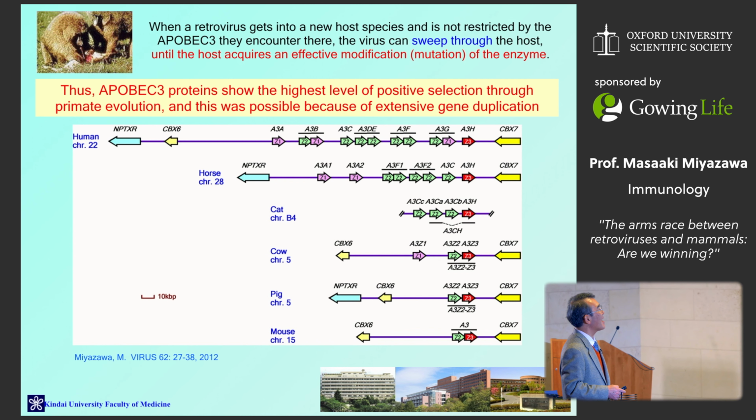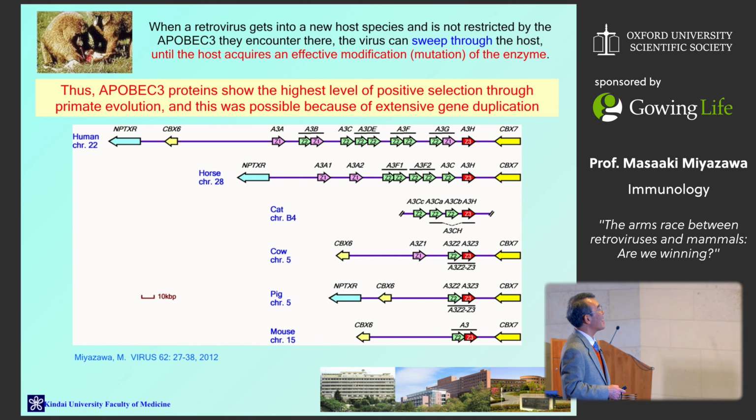And when we have the duplicated number of ApoB3 genes, we have room to have mutations in some of the copies so that we can fight against the attack by newly incoming retroviruses.